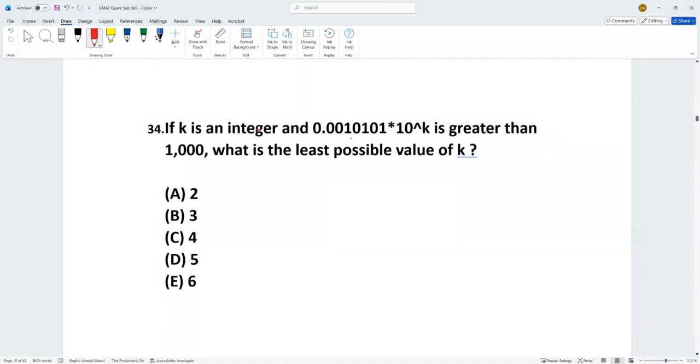Question number 34 says, if k is an integer and 0.00100101 times 10 to the power k is greater than 1000, what is the least possible value of k?